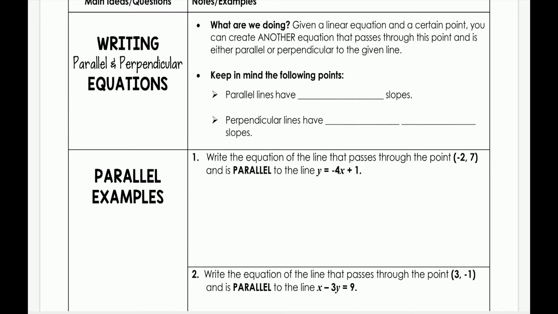So we have to keep in mind the definitions for parallel and perpendicular lines. Parallel lines have the same slopes, and perpendicular lines have negative reciprocal slopes.